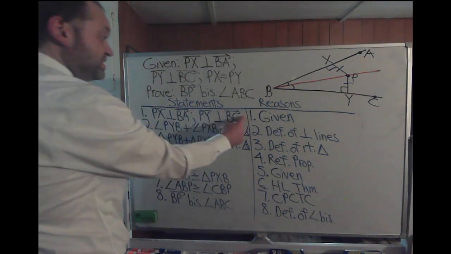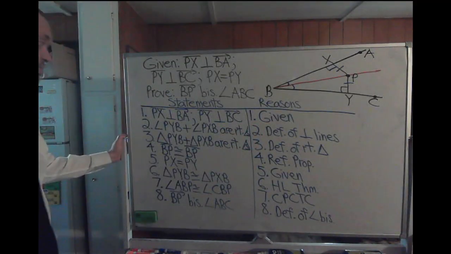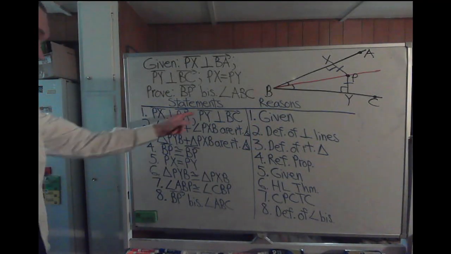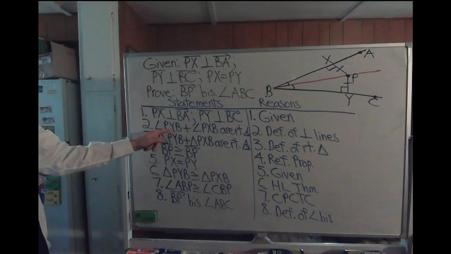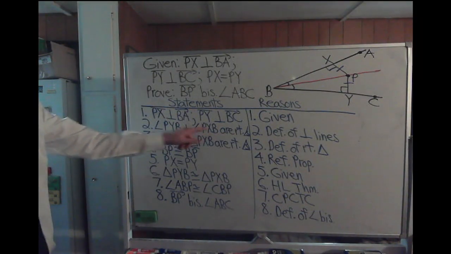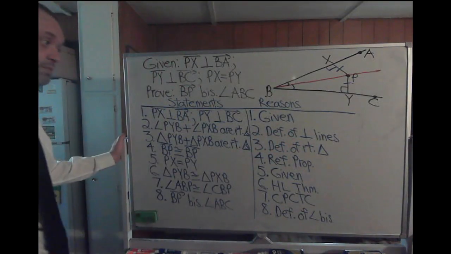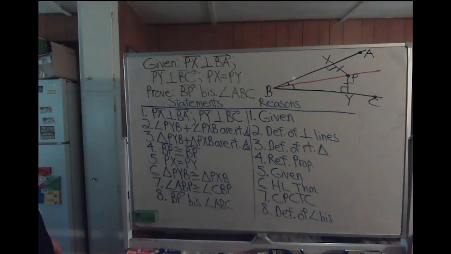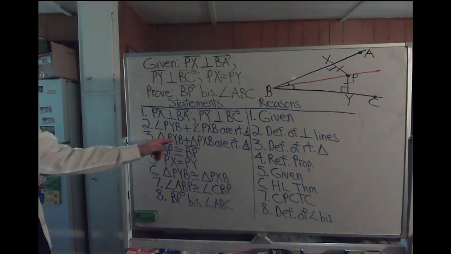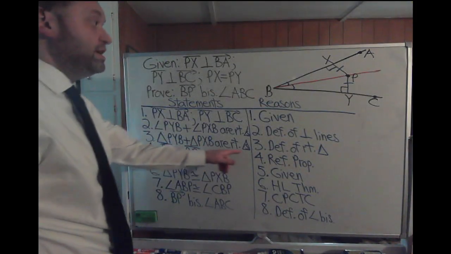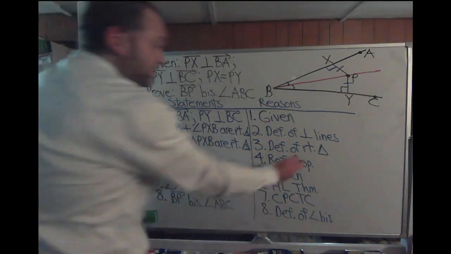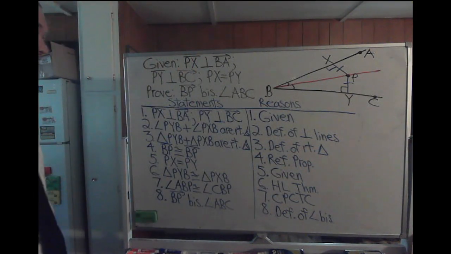We use that for statement 1 for our given information. Which, if that's the case, means for statement 2 that angles PYB and PXB are both right angles simply by the definition of perpendicular lines. Which then means that triangles PYB and PXB are right triangles by the definition of a right triangle.